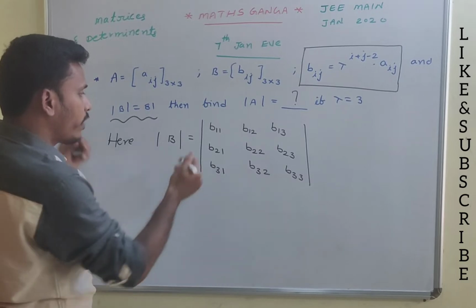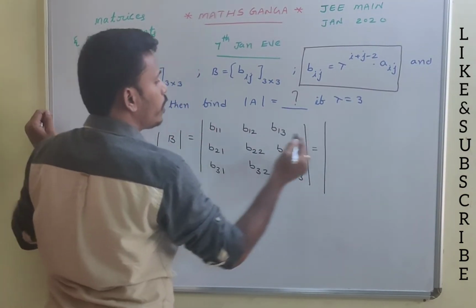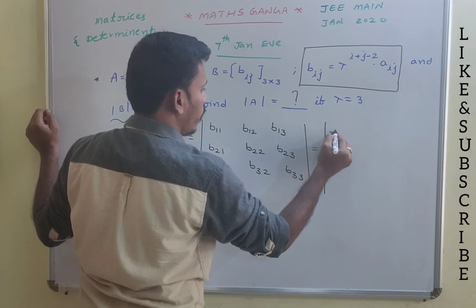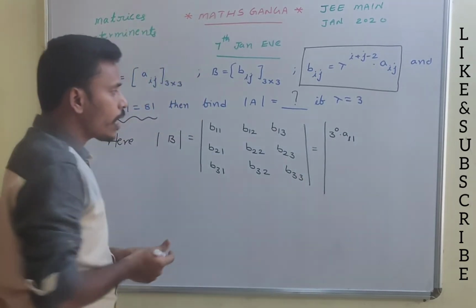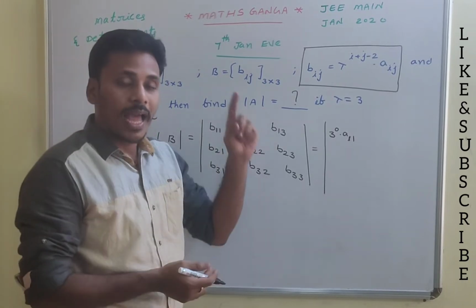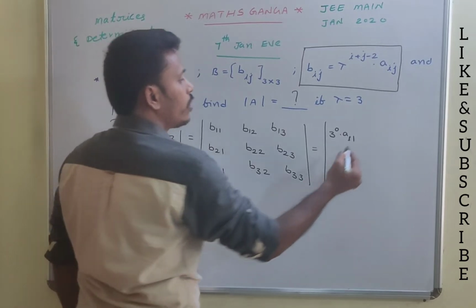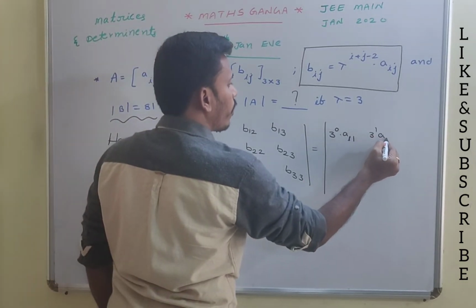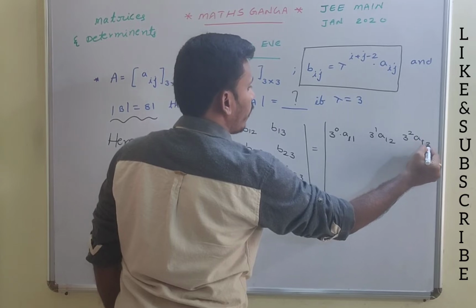So B11 is 3 power 0 into A11. Whereas for B12, i is 1, j is 2, 1 plus 2 is 3, minus 2 is 1. So this element becomes 3 power 1 into A12, and this element is 3 square of A13.